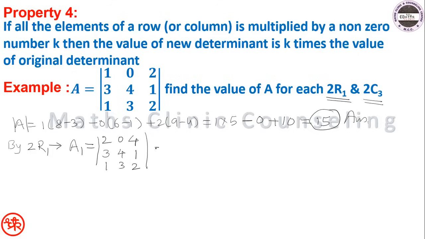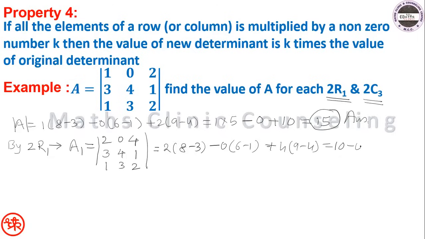Is that clear? So find out the value: 2 into 8 minus 3, minus 0 into 6 minus 1, plus 4 into 9 minus 4. So it is equal to 8 minus 3, 5, 5 into 2, 10. Right? This is 0.